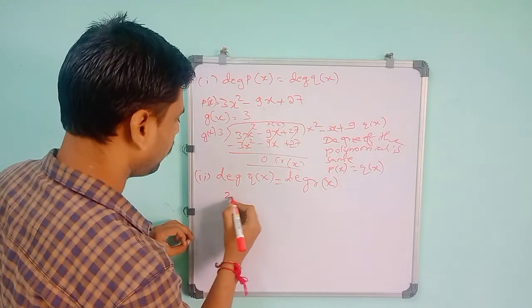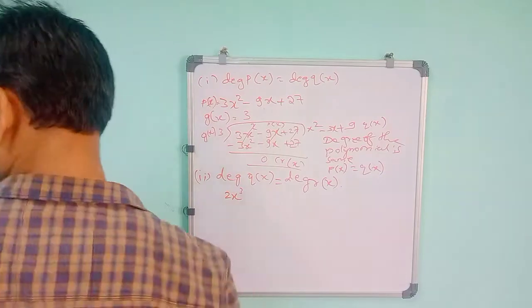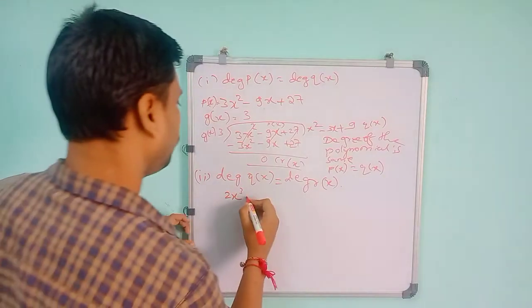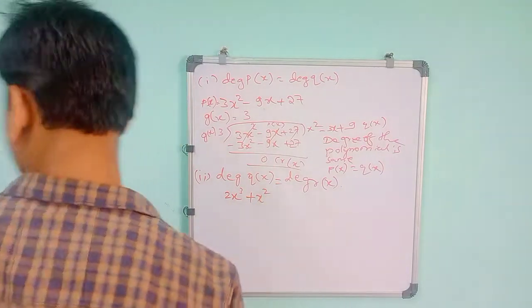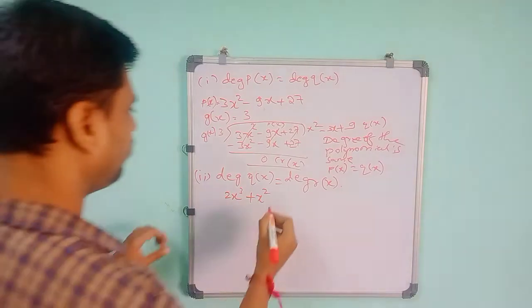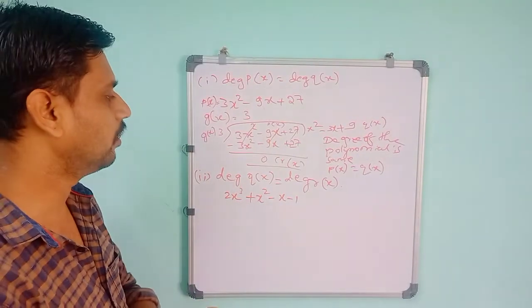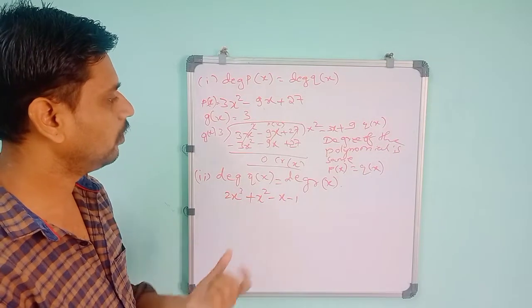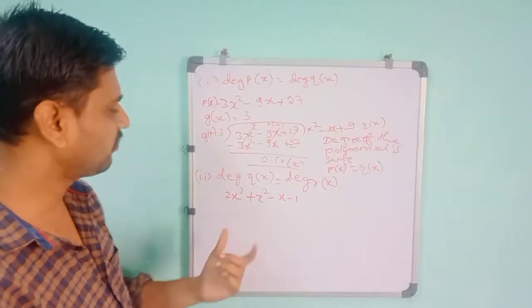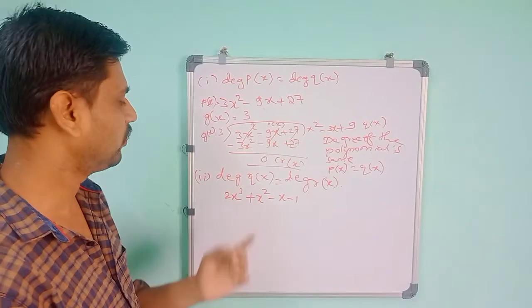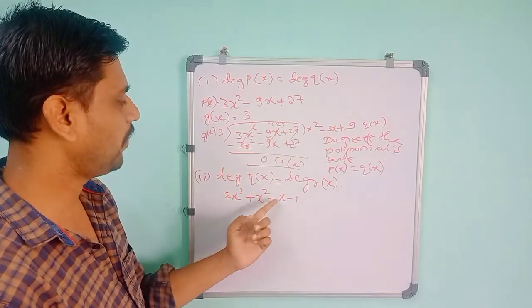You can take 2x cube plus x square minus x minus 1. They gave answers for this on the last page, so don't copy that. You can take any numbers, simply take random numbers. 2x cube plus x square minus x minus 1.